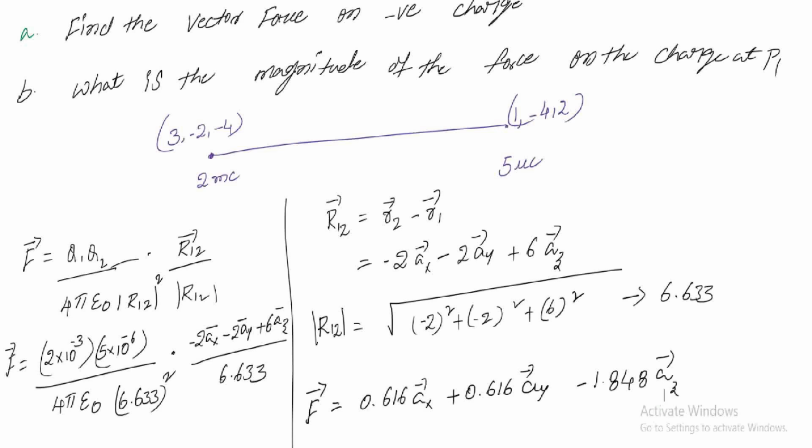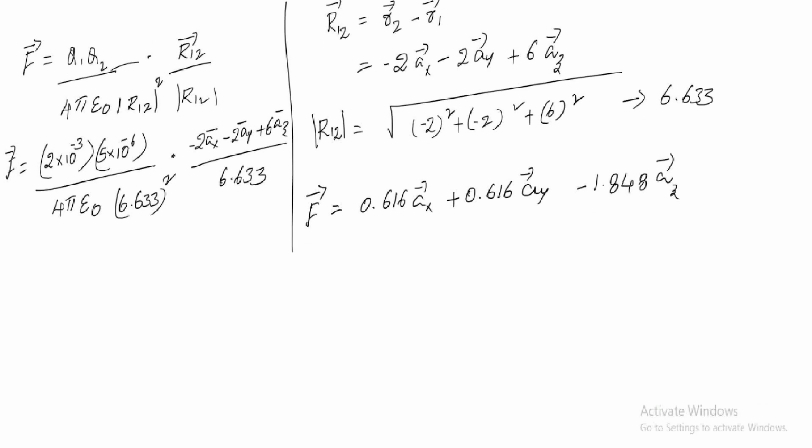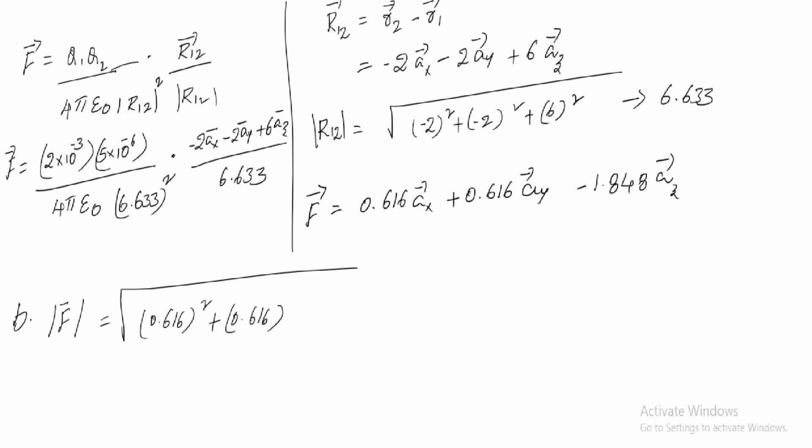This is the answer for the first problem. For the second one, the magnitude of vector F is equal to the square root of 0.616 whole square plus 0.616 whole square plus 1.848 whole square.